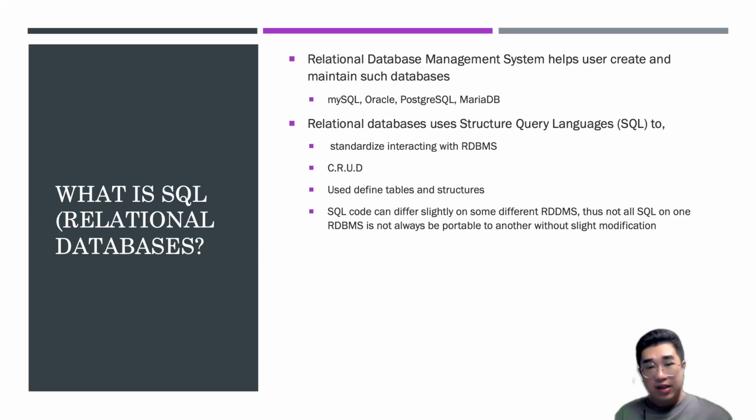Some examples are MySQL, SQL Server, Oracle, Oracle SQL, because now Oracle has Oracle NoSQL also, PostgreSQL, MariaDB. These are all SQL relational database management systems. They will help you create databases, and they will also help you maintain or manipulate the databases.